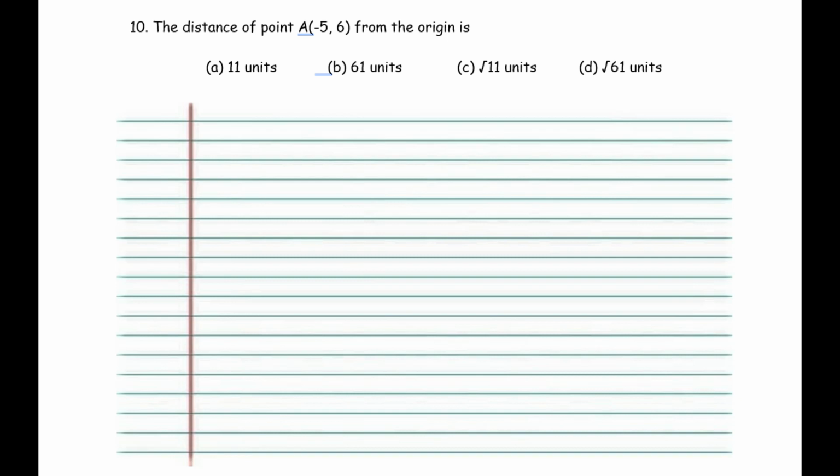The distance of a point A from the origin is, what is the point? The point A is minus 5 comma 6. Given the point is what? Minus 5 comma 6. Consider it as x comma y. The distance between the origin and the point is given by the formula d equals square root of x square plus y square. D equals, what is x?